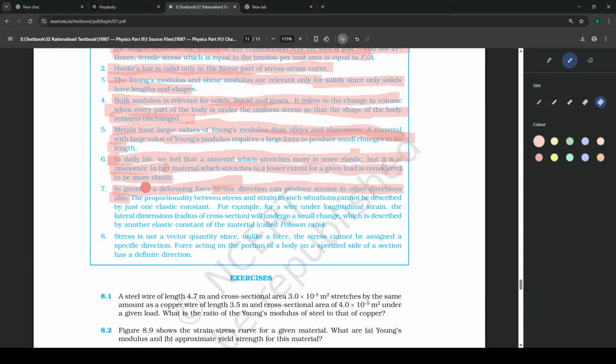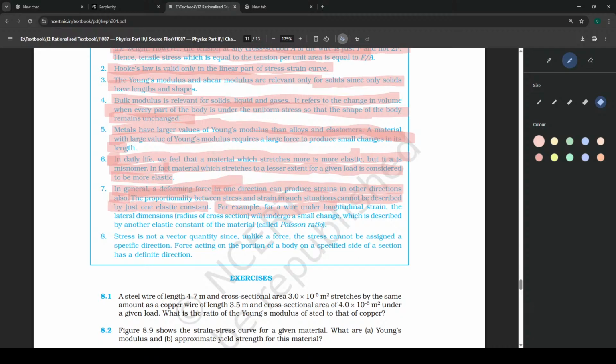Now let's read this again. In general, a deforming force in one direction can produce strains in another direction also. The proportionality between stress and strain in such situations cannot be described by just one elastic constant.